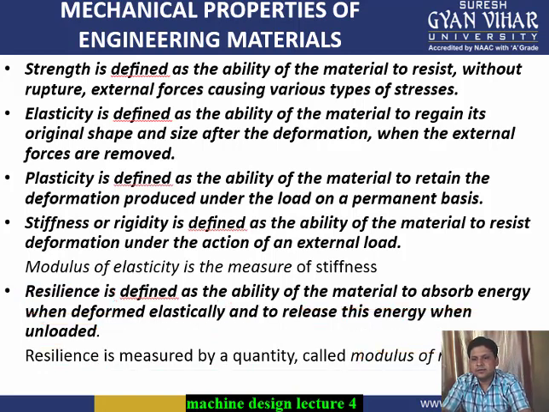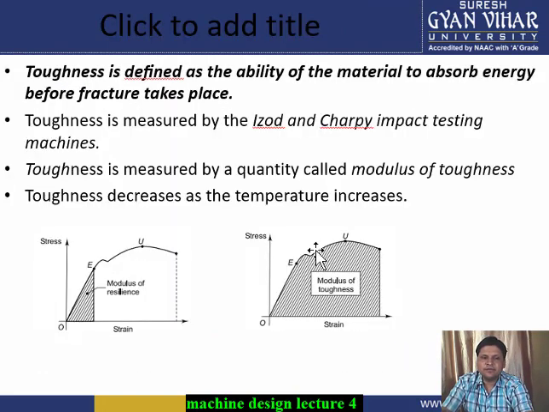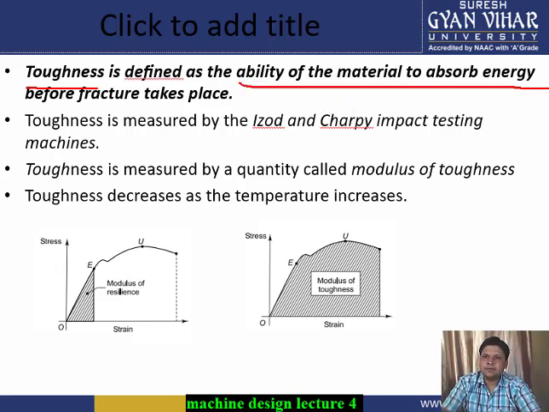All right, so these were the properties. Now toughness is also an important property which has to be discussed. Toughness is defined as the ability of the material to absorb energy before fracture takes place. Basically, a material is considered tough when it is resistant to any scratch.